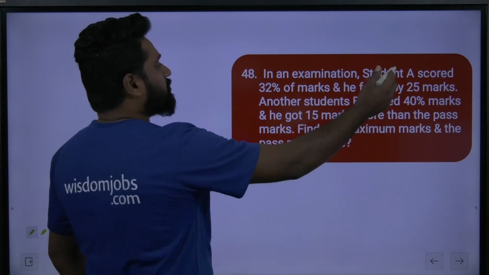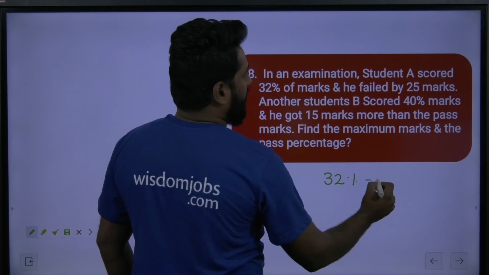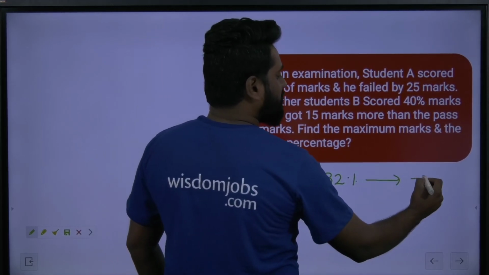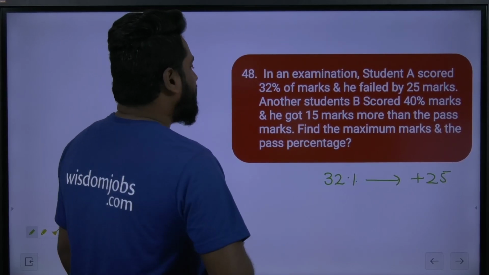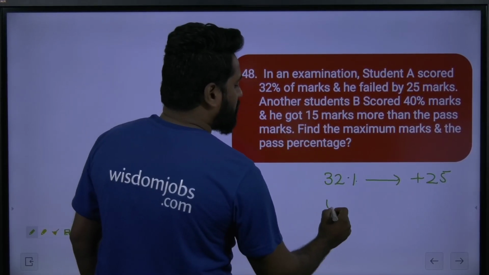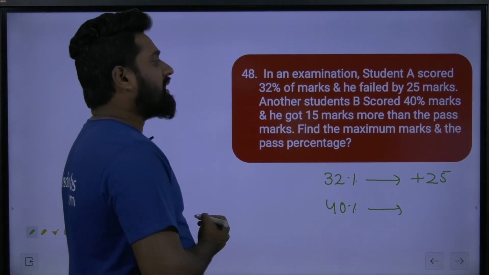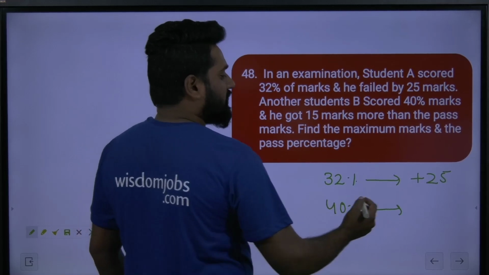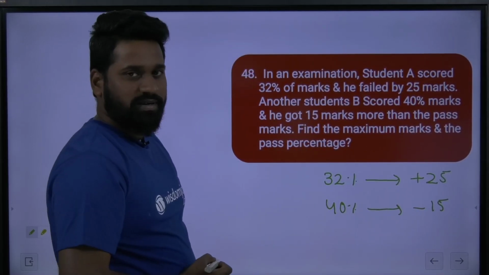Observe here. Student A scored 32% of the marks and failed by 25 marks. Now you can add those 25 marks to become pass. Next, student B scored 40% of the marks and got 15 marks more than the pass. Now I am subtracting those 15 marks, which represents the pass marks.